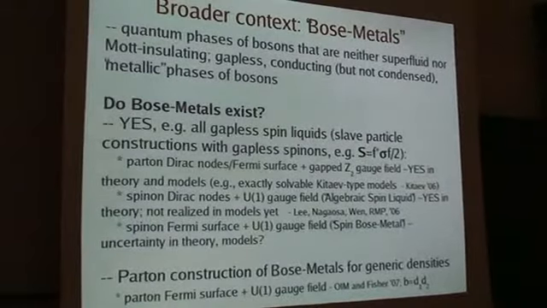And in this work we discussed one family of such Bose metal type phases using some particular slave particle approach. And this is the closest to the topic of this talk.